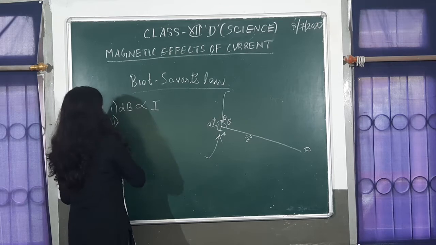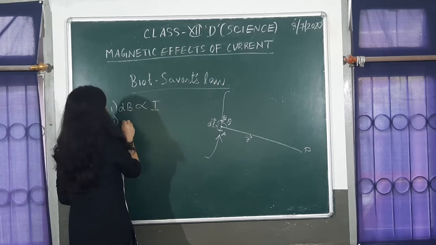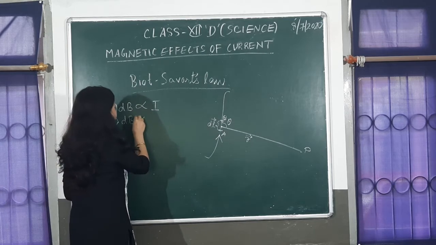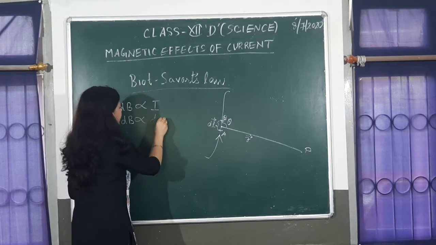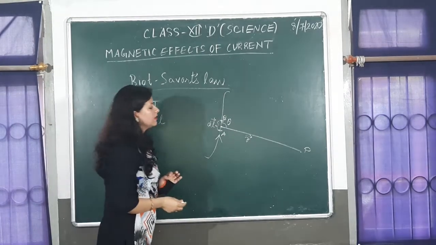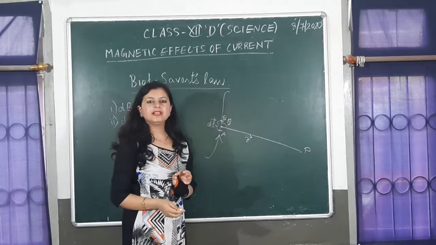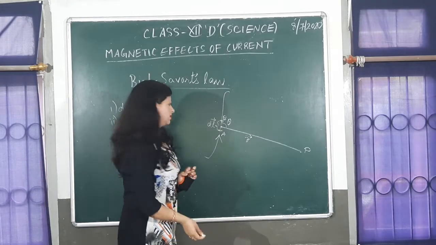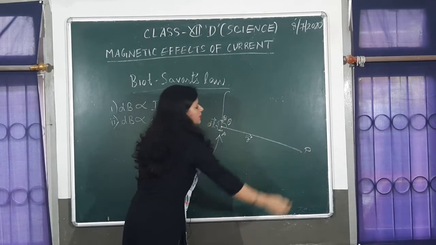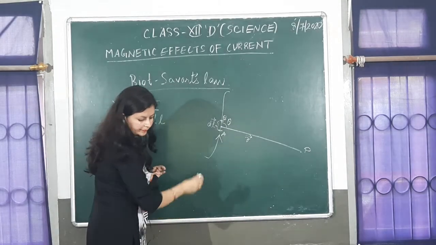The second factor stated by Biot-Savart's law is that dB is directly proportional to the length of the current element. The longer the element you take, the greater the magnetic field induced will be. That is natural.